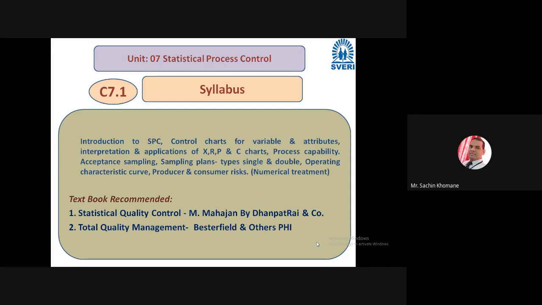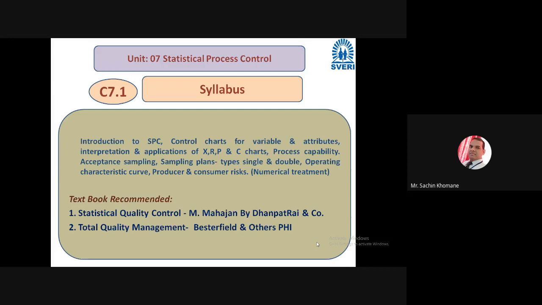Then control charts for variable and attributes. I think in the last unit you may remember I have taught one tool, that is a control chart, right? On the x-axis there is time, and on the y-axis the process. As time passes, what is the response of that particular process?